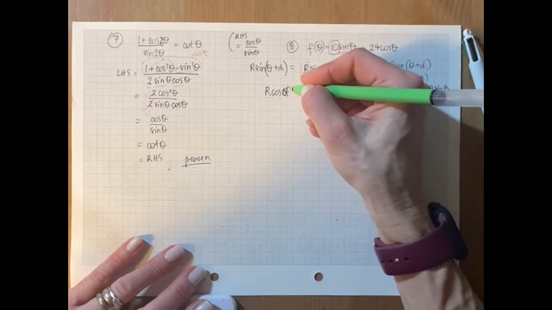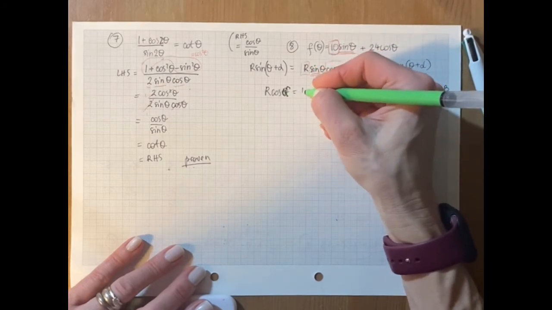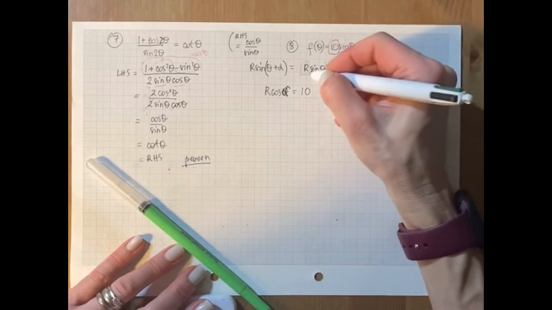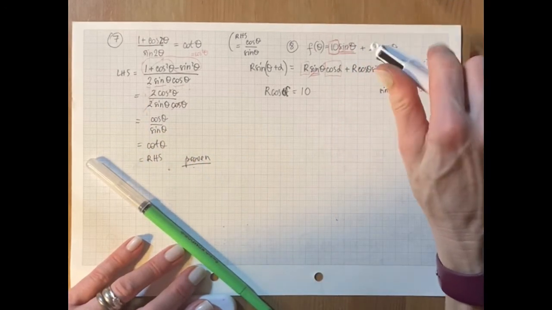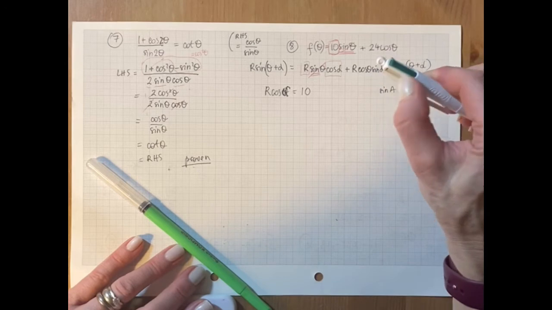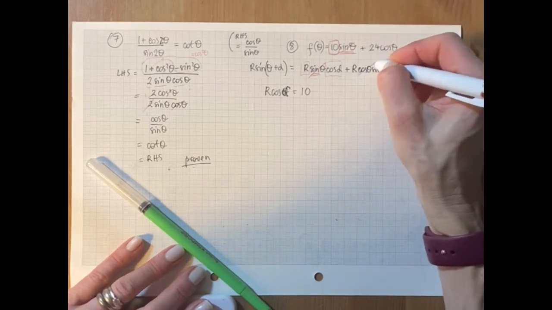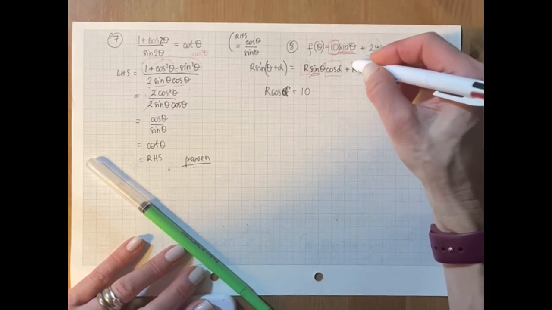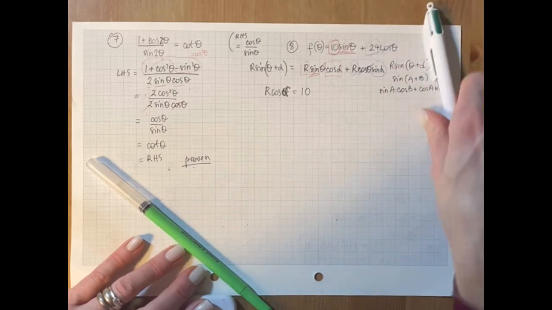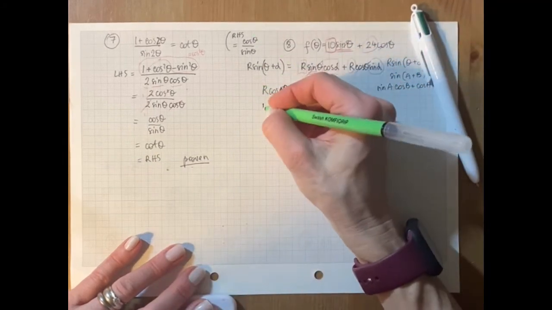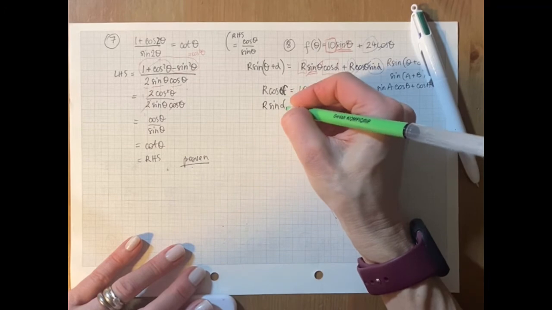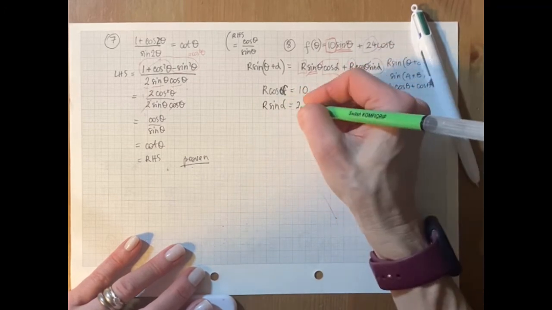So that tells me that r cos alpha is equal to 10. So I sometimes like to cross it off like this. I'm going for the second one. If you go for the cos theta, so that one here, if you compare the 24 with r sine alpha, so you've got r sine alpha is equal to 24.